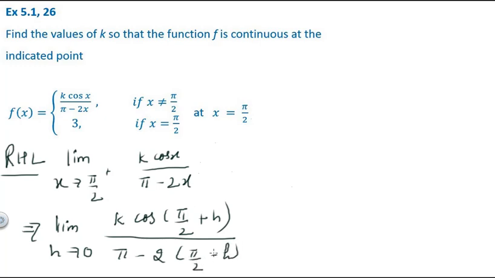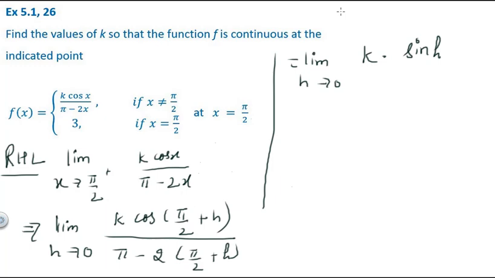Solving this, what do we get is, see here, we will get limit h tending to 0, k into, now you see we have cos of pi by 2 plus theta. So as it is 90, we will definitely change it to sine. But as you can see, pi by 2 plus theta is second quadrant where cos is negative.